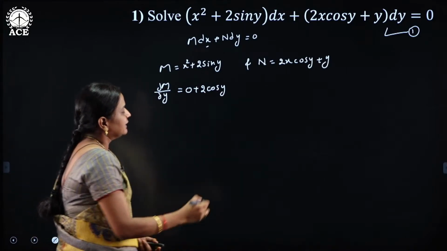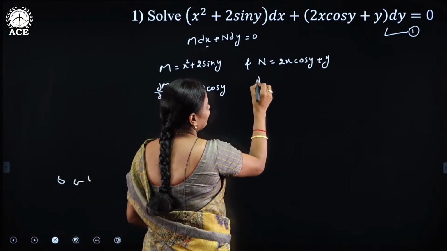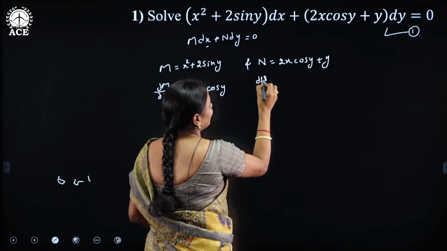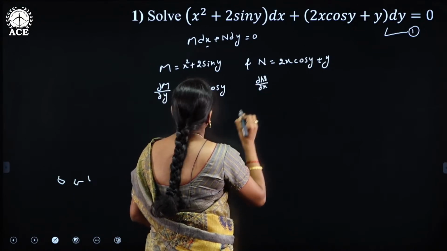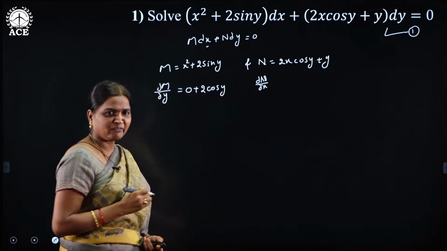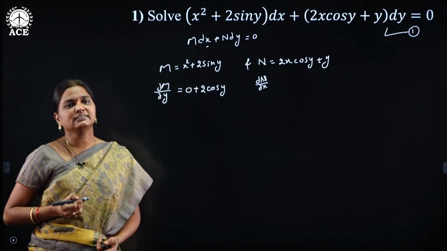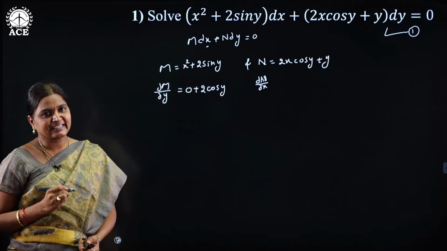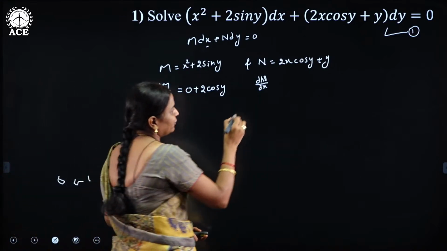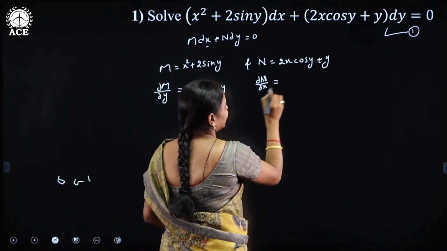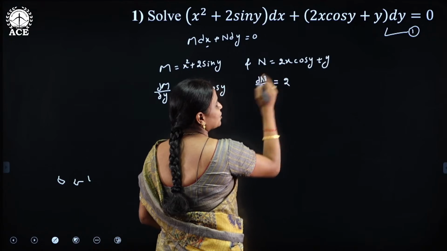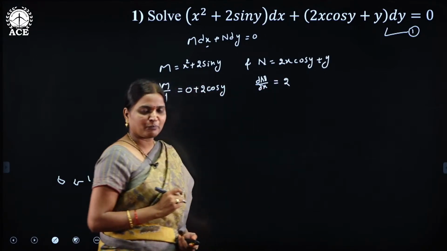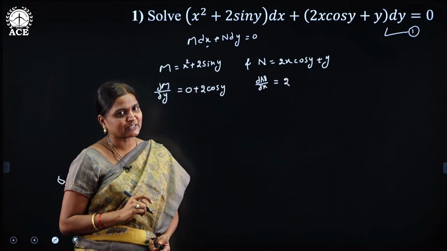Next, differentiate N partially with respect to x. Why do we differentiate M with respect to y and N with respect to x? To check the necessary condition of exactness. So what is ∂N/∂x? ∂N/∂x is equal to 2, the differentiation of x. Here differentiation is performed with respect to x only.